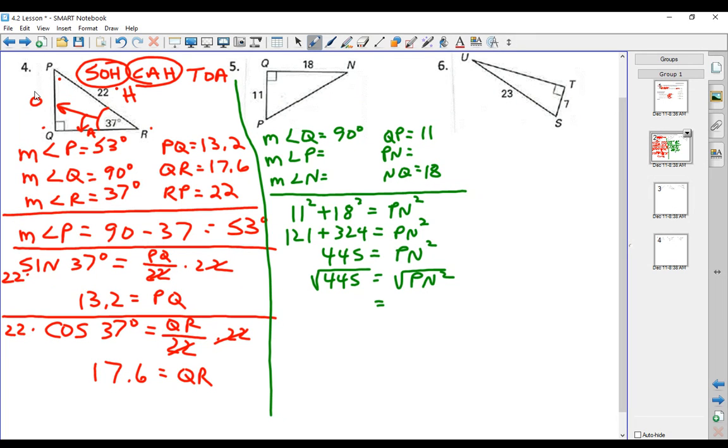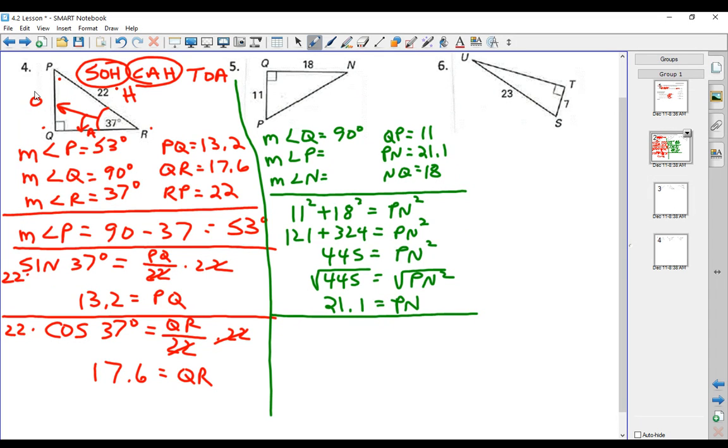And squares and square roots cancel out, so that leaves PN over here. The square root of 445, if you round it off as a decimal, comes out to be 21.1. And on these problems, we do want you to round these off as decimals. One place after the decimal point will be fine. So PN is 21.1. That gives me all three sides.